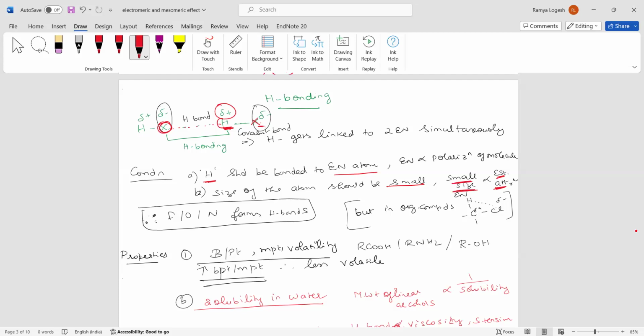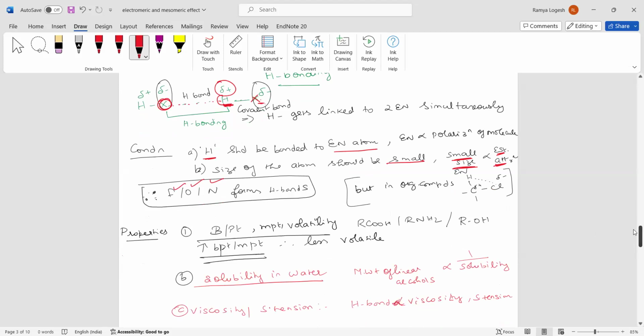So what elements are generally seen with hydrogen bonding? Fluorine, oxygen, nitrogen, all of them form hydrogen bonding. But what about organic molecules, ma'am? Don't they form hydrogen bonding? Yes, they do, but not as efficiently. The strength of hydrogen bonding formed in an organic molecule is less compared to an inorganic one.